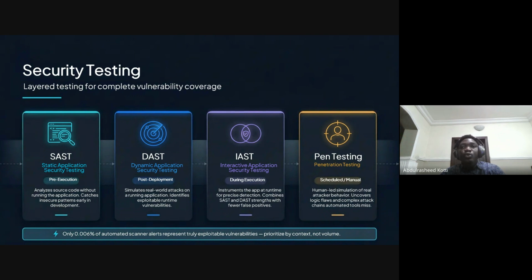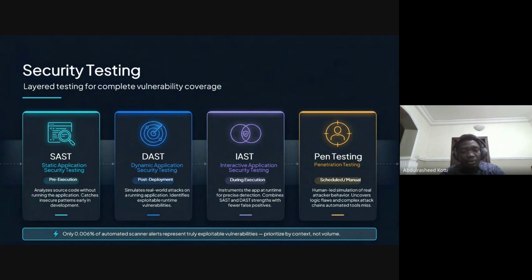This checks code to be sure that we have written it in a safe way that would not expose us to any form of attack. Next is DAST. And now this tests the app while it has gone live, while it is running. Next is IAST. And this is the combination of both. You scan before and after it has gone live.